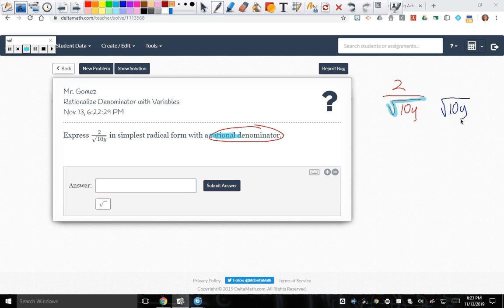Now I'm going to multiply by a form of 1. Why is it that I had to do a form of 1 and I couldn't just multiply by just that? Why did I have to do a form of 1?